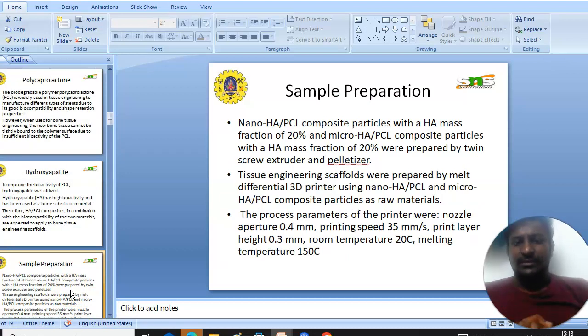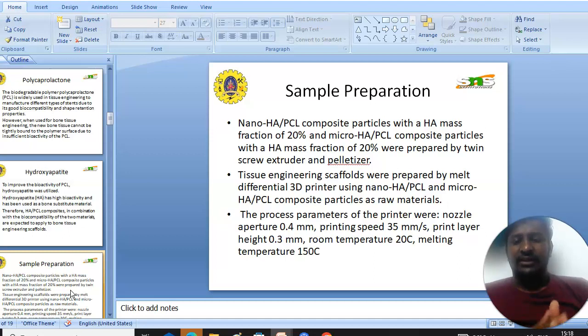First, sample preparation. In the study, the nano HA-PCL composite particles with an HA mass fraction of 20% and micro HA-PCL composite particles with an HA mass fraction of 20% were prepared by a twin screw extruder and pelletizer.